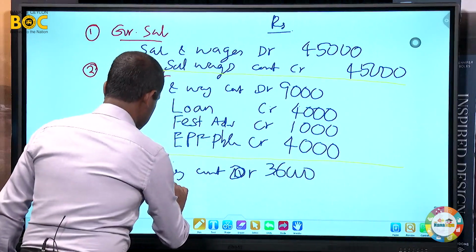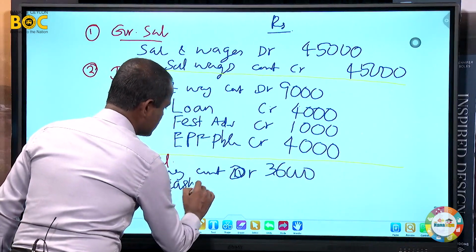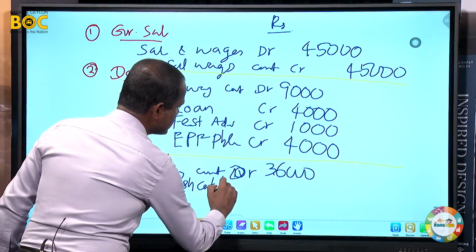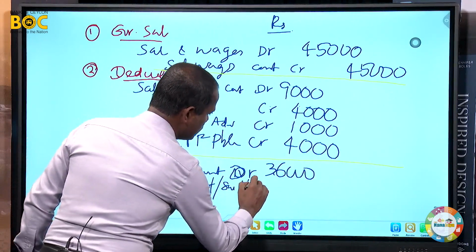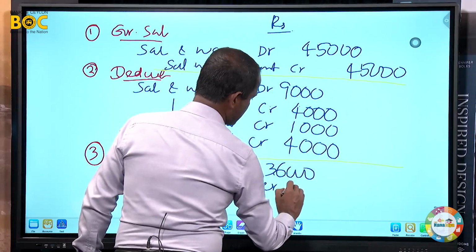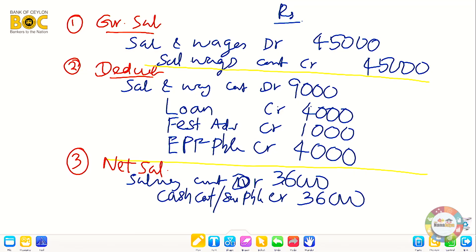If you have paid, you can credit cash account, or salaries payable account credit. The question will say clearly whether you paid or it is payable.